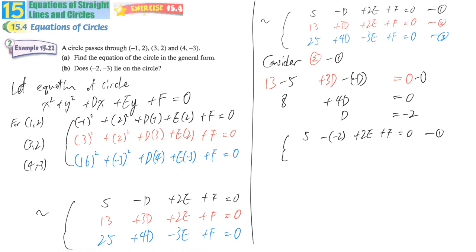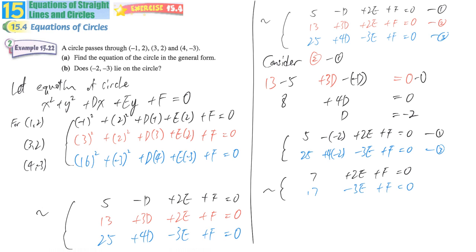And the third one will become 25 plus 4 times -2 minus 3e plus f equal to 0. Simplify both equations, we have 7 plus 2e plus f equal to 0, and then we have 17 minus 3e plus f equal to 0.